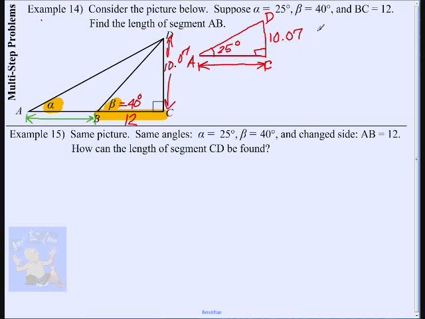That's right, we'll use tangent again. Tangent of 25 degrees. We know what the ratio is here. It's y over x, so it'll be 10.07 over x, and x, of course, is this whole length, AC.